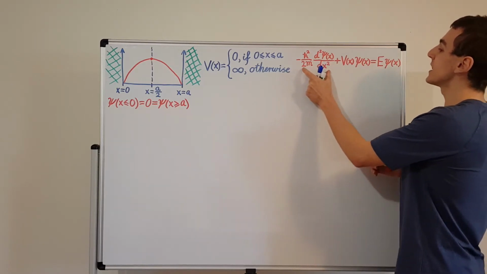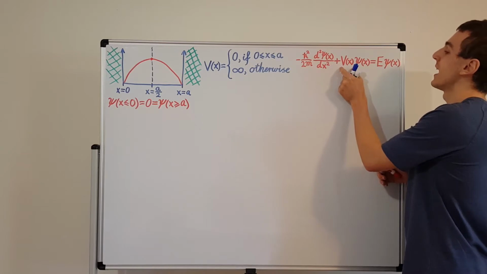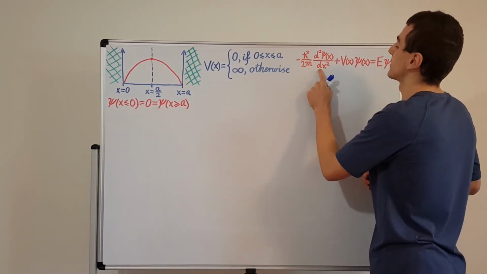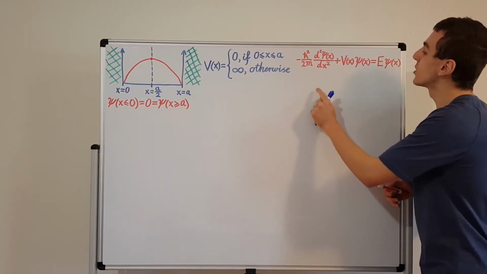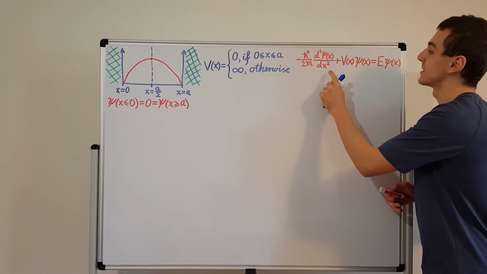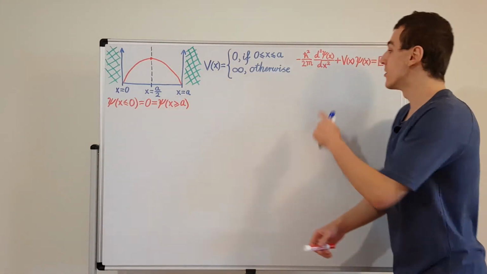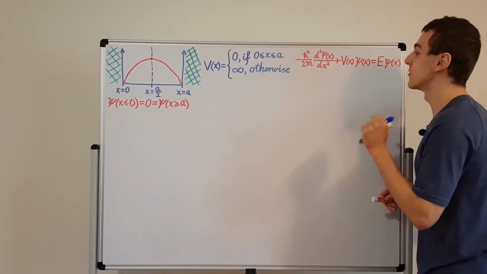This over here is the kinetic energy part, and this is the potential energy part. The kinetic energy part has a second derivative with respect to x. Over here I'm writing the total derivative, not a partial derivative, because we're only dealing with x. As soon as we start to introduce other variables like y and z, this is going to turn into a partial derivative. You'll see that in the next video.